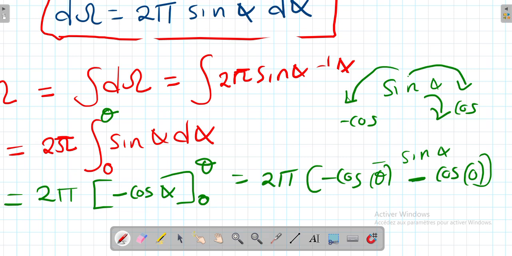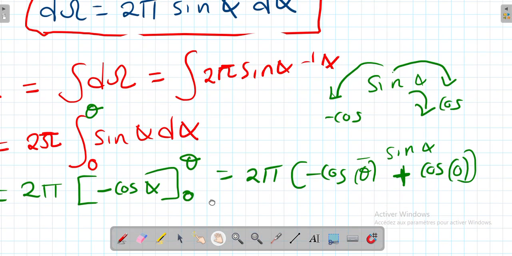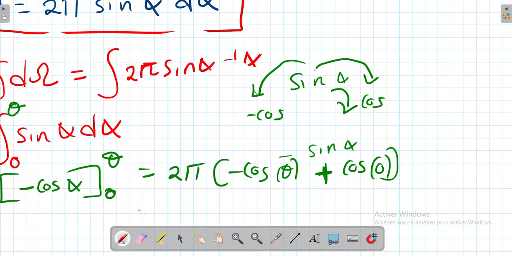Negative, negative, so it will be plus, because when you subtract, you know how to integrate. You put the bounds. So 2 pi.